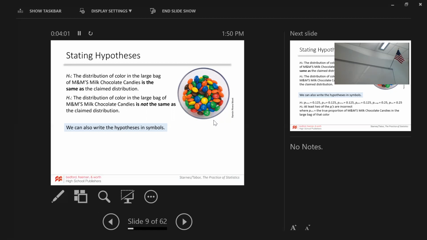And are you going to reject or fail to reject? You need to do those 4 things for the inference question. But the question is not going to prompt you to do those 4 things. He's just going to say, is there a difference?